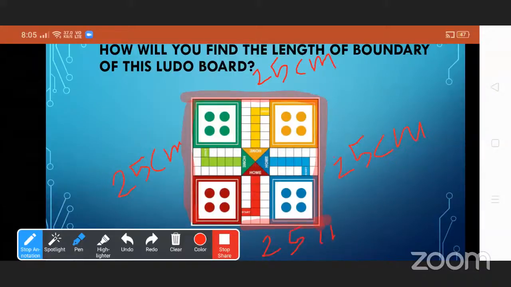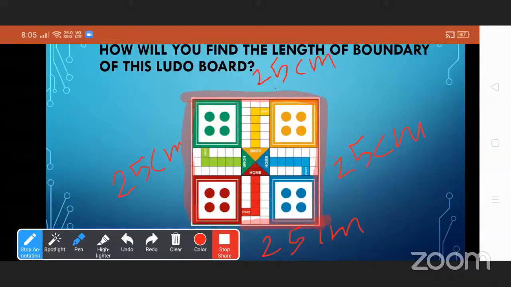Now how will you find the length of the boundary of this board? We have to find the total length of this board. Means we have to add this side plus this side, this side plus this side.